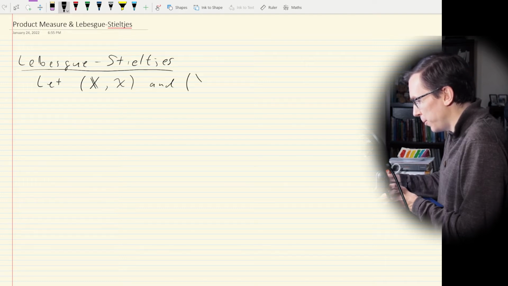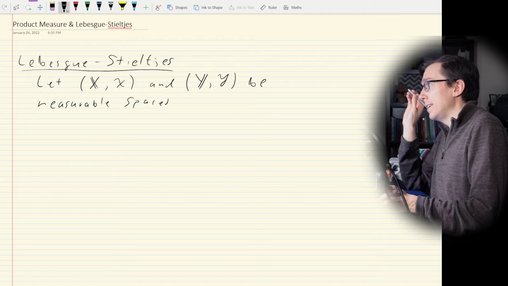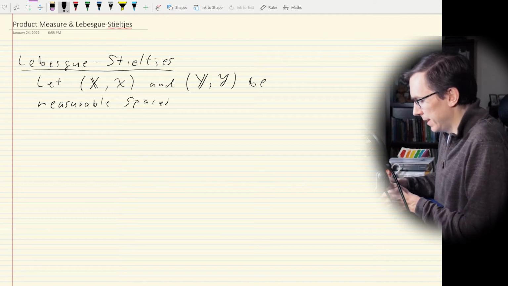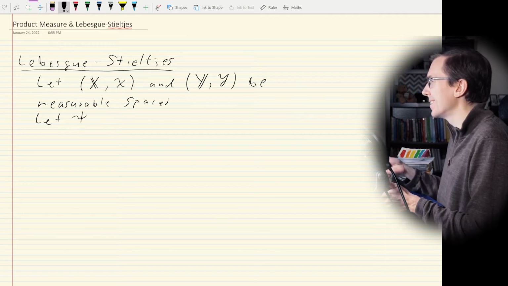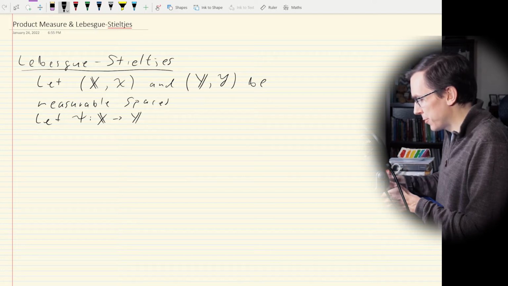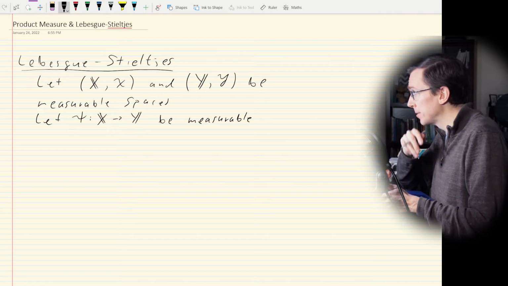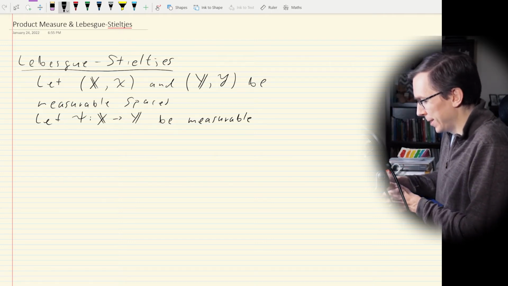But in general, the way we're going to define this is: let bold X, script X, and bold Y, script Y be measurable spaces. Then we need a measurable function. Let psi, the one that looks like a little trident, mapping from X into Y be measurable, in the sense of the sigma fields script X and script Y. Now, we're going to keep letting stuff be.